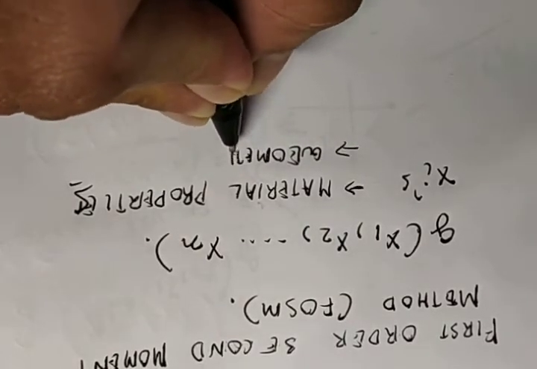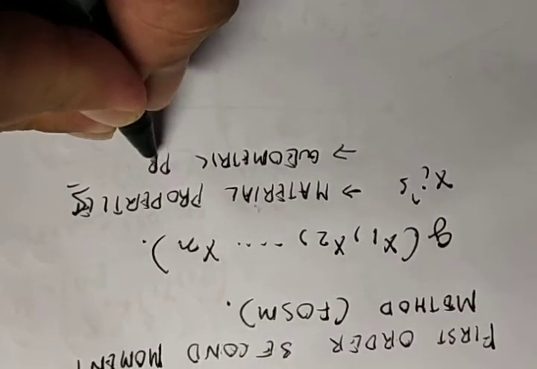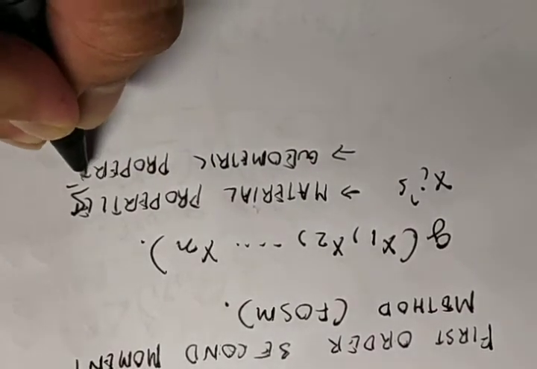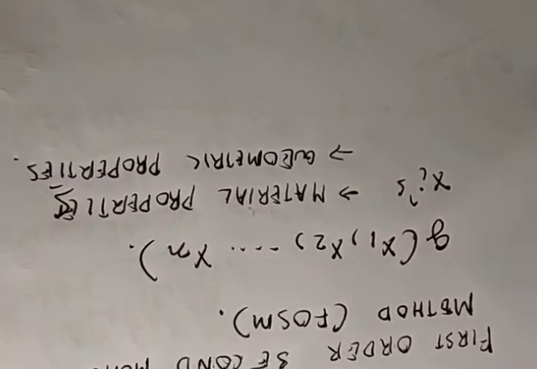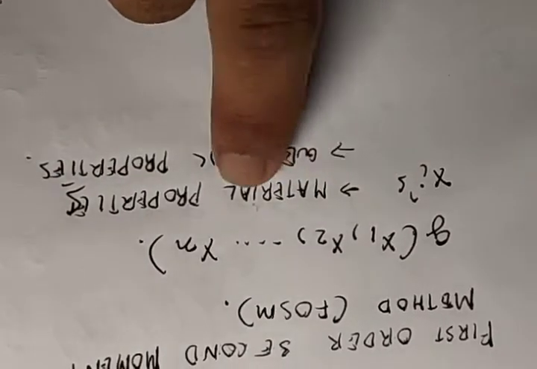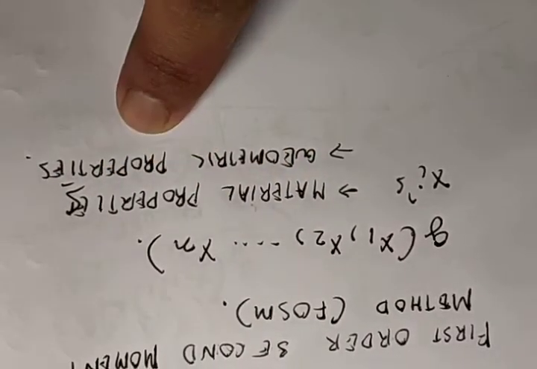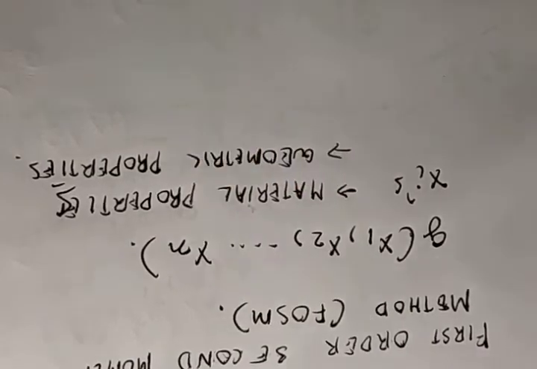Geometric properties may include the depth of the section, the moment of inertia, etc. So x's can be either material properties or geometric properties. And so this is my failure equation.